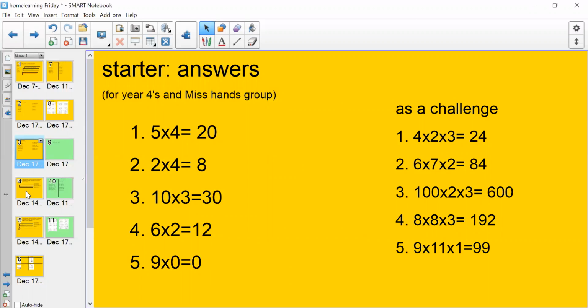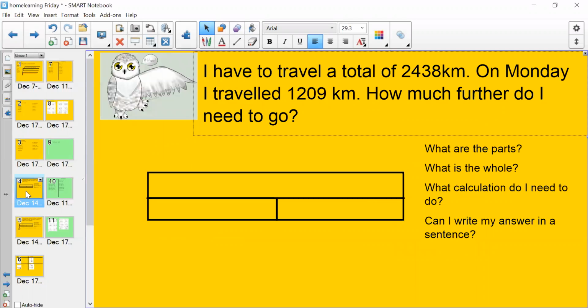Okay, well done, guys. So today our big question is, I have to travel a total of 2,438 kilometers. On Monday, I traveled 1,209 kilometers. How much further do I need to go? So first, think about, are you going to need to add or subtract these numbers?